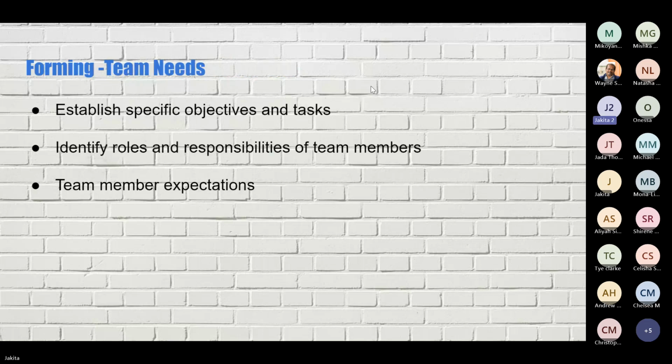So we were looking at forming and what the team needs. For example, the team needs to establish specific objectives and tasks, identify roles and responsibilities among team members, and also it's important at this stage, in the beginning stage, to set team members' expectations.